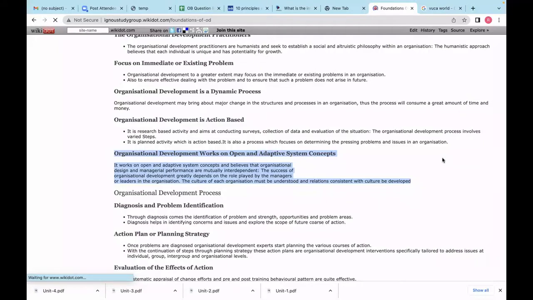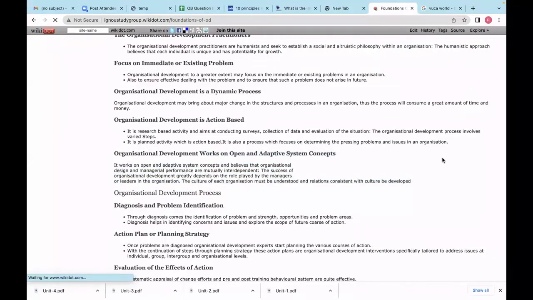The performance of the organization and the managerial performance are all interlinked, and the role that they play in the organization really matters a lot. So we think in a very open way and also adapt from the cultural point of view. So it is an open culture that OD talks about.